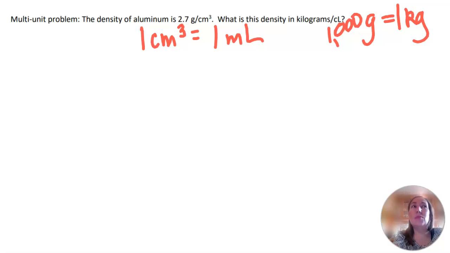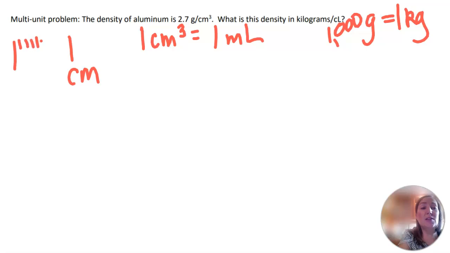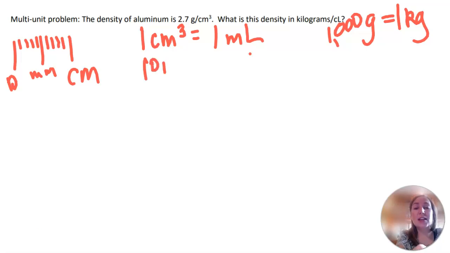If you remember what a centimeter looks like on a ruler, you might recall that there's 10 of those little millimeters in a centimeter, just like there's 10 of these little milliliters in a centiliter. So there are 10 milliliters in a centiliter.